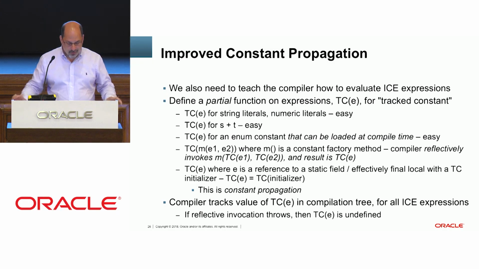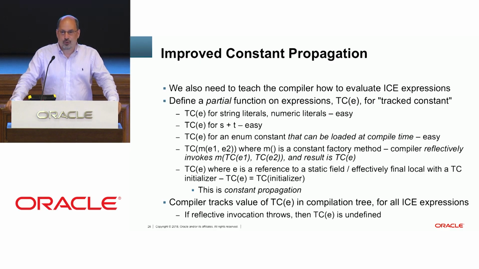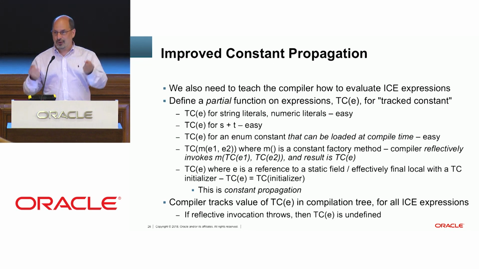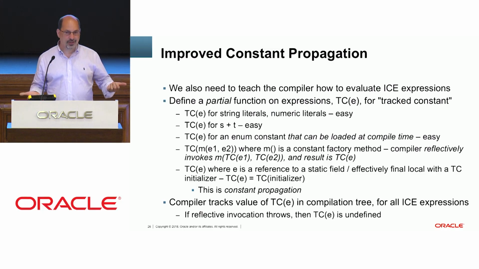The compiler already knows how to do that. And then we define rules for things like enums, and as long as the enum can be loaded at compile time, that's straightforward. And for method invocations, well, we reflectively call the method with the tracked constants for all the arguments. And if that doesn't throw an exception, then we say, okay, that's the tracked constant for that invocation expression.